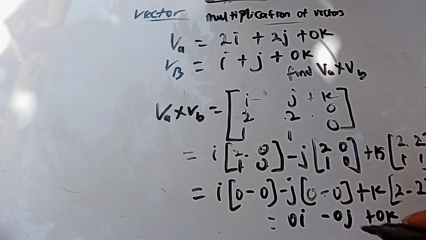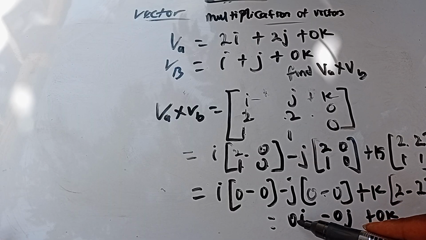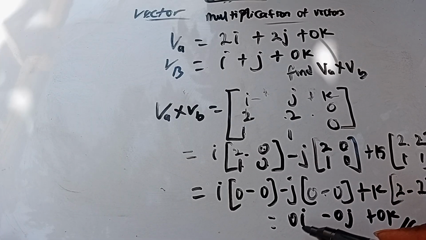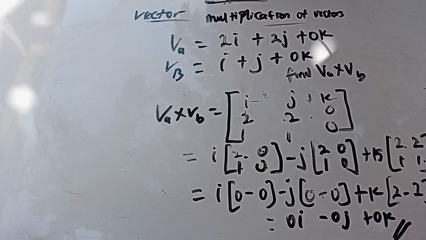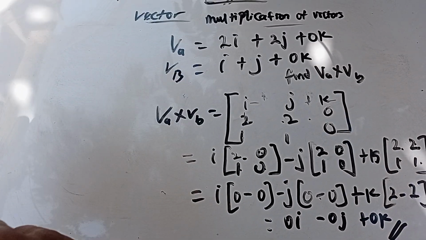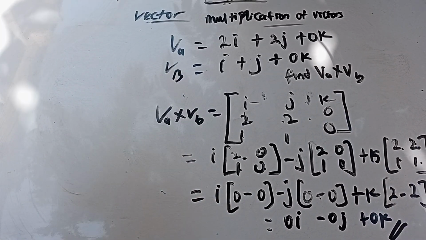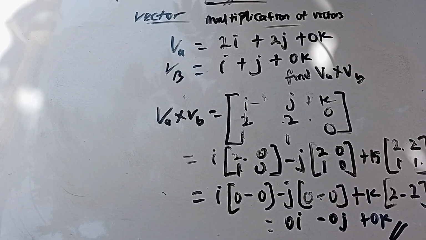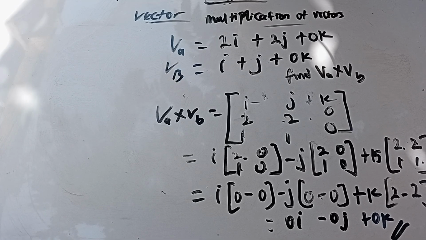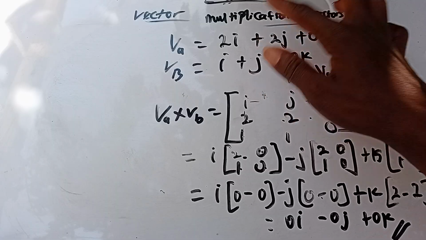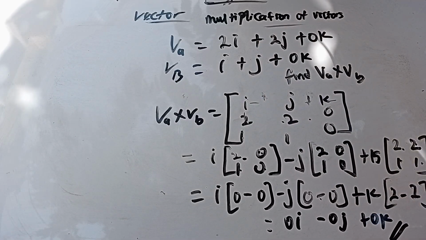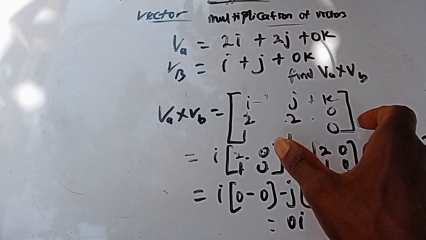Assuming it's not 0 0 0, that would be the answer. But since everything is 0 0 0, that means our cross product equals what? The cross product of the two vectors equals 0. Are we together? Take note of that. There is no k there, we're only given 2 directions, so we added it so that we can apply this method.